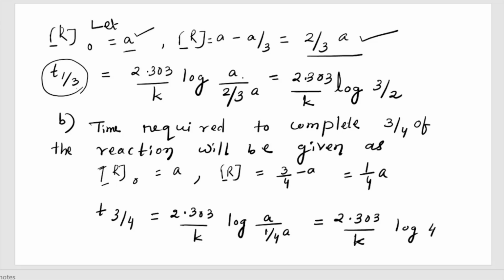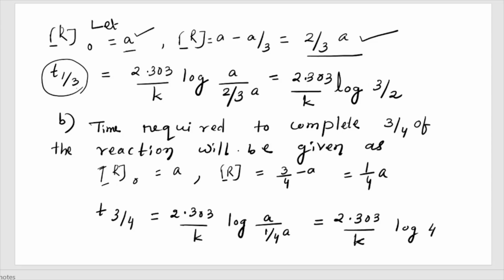The initial concentration is a, and the final concentration is 2 by 3a. They cancel each other, and the last value is log 3 by 2. You put the value of log 3 minus log 2, then it is the answer.